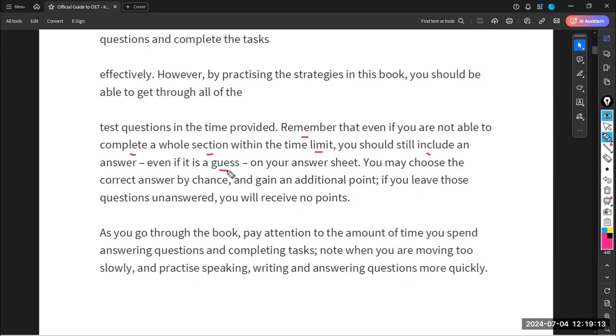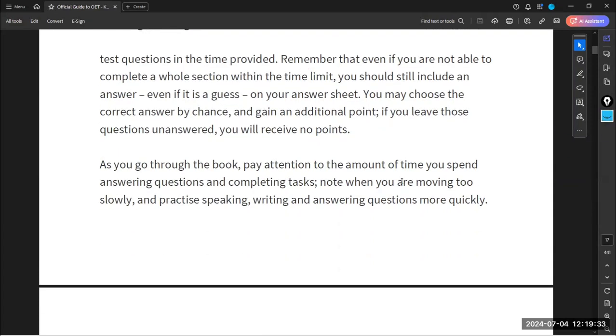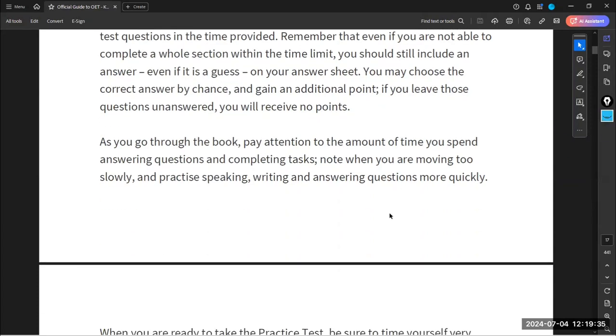Maybe this guess is going to be correct. It's better than leaving the answer blank. So you may choose the correct answer by chance, and maybe you will gain an additional point. So please don't leave anything blank. I'm talking about any international exam. It's not only for the OET exam.